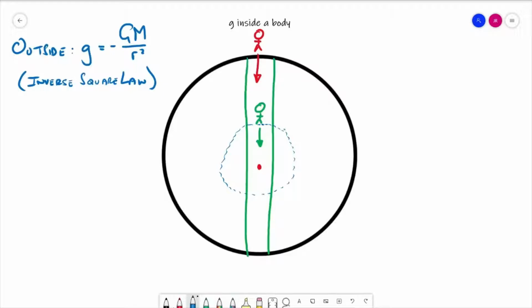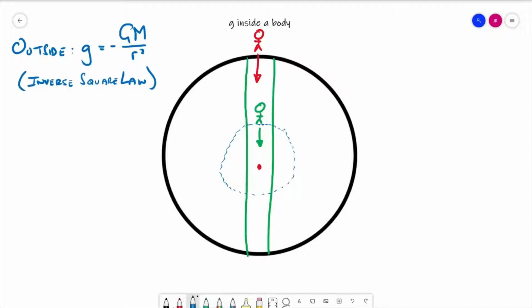You may be thinking, what happens to everything that's outside that blue dotted line? Well, any forces acting on us from all of the other bits outside that blue dotted line end up cancelling each other out.